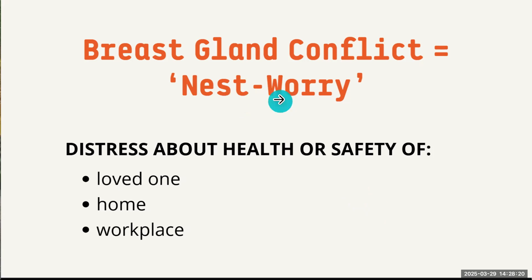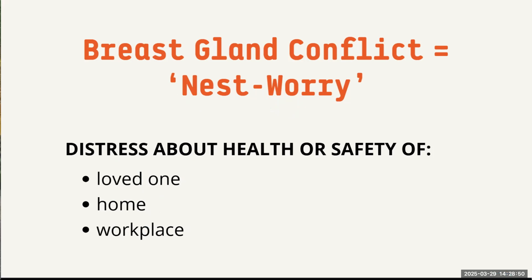In animals, the mother's ability to produce milk can be very crucial for the young's survival during danger. So similarly, as humans, we kept the survival mechanism. So it's activated when we're worried about a loved one, even when we don't need to nurse necessarily. So under the nest worry, you are distressed about a loved one, a home, or a workplace.